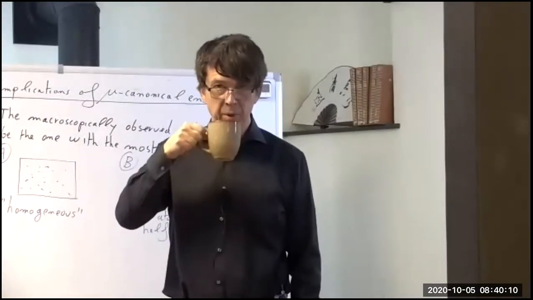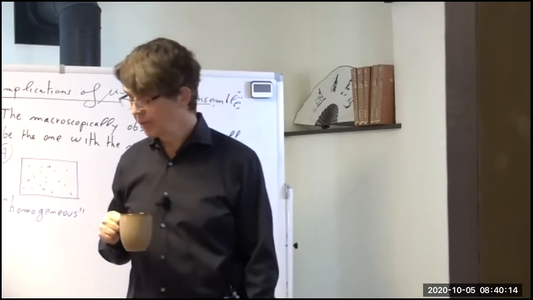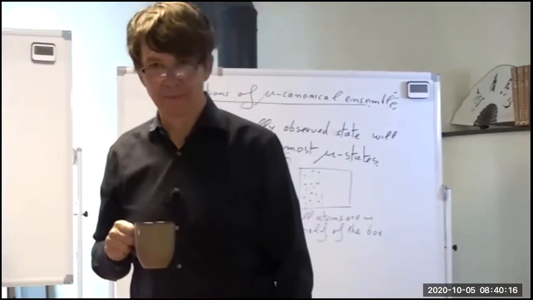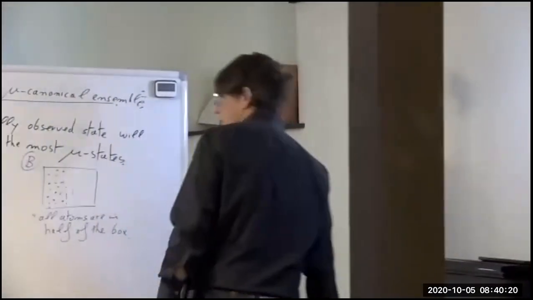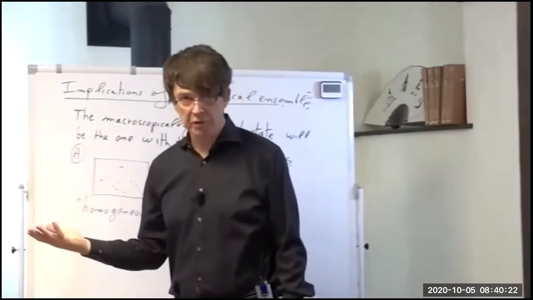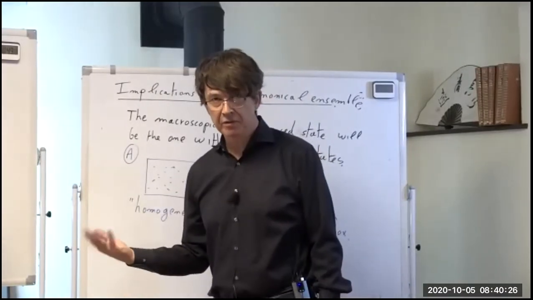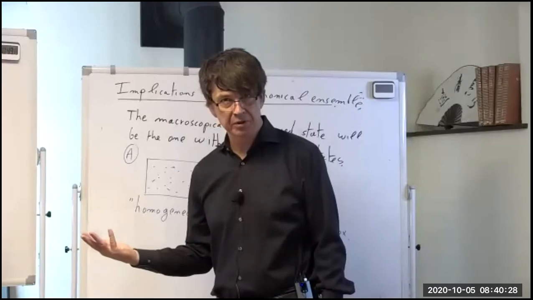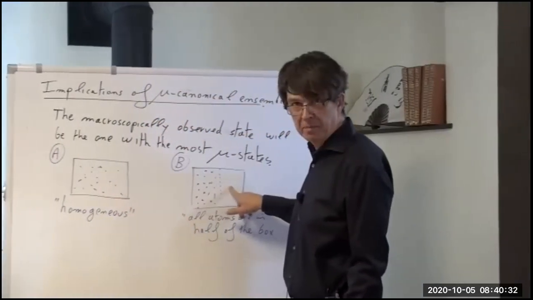What's their relative probability? Don't all jump. Are they equal? Yeah, they're equal because they have the same energy. Remember, I am in a microcanonical ensemble. All microstates have the same probability because they have the same energy. So these very specific microstates have the same energy.